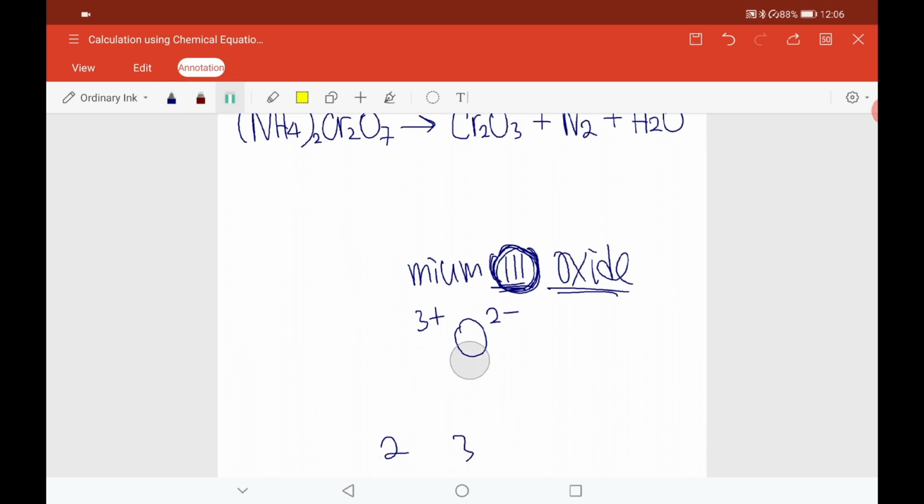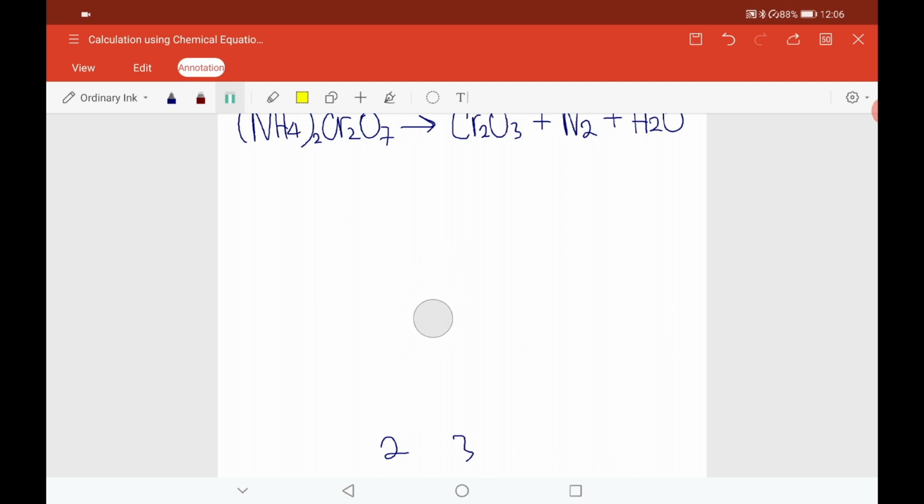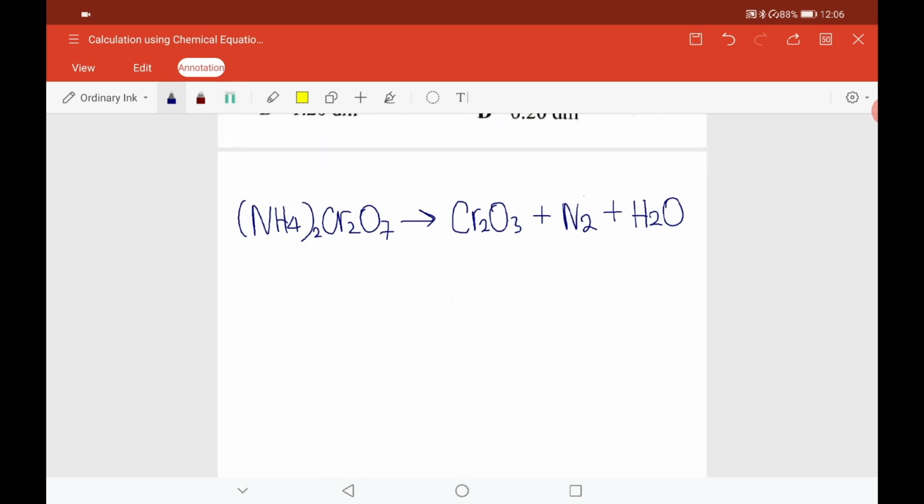After we have this equation, we must make sure it is balanced. So let's balance the equation here. We have 2 nitrogen here and 2 nitrogen here, so it is balanced. Hydrogen, we have 4 times 2, 8.